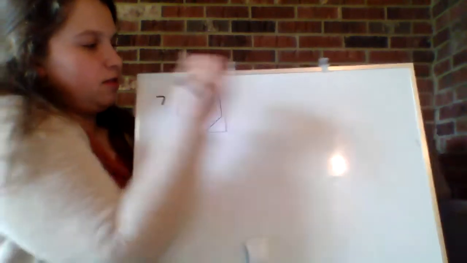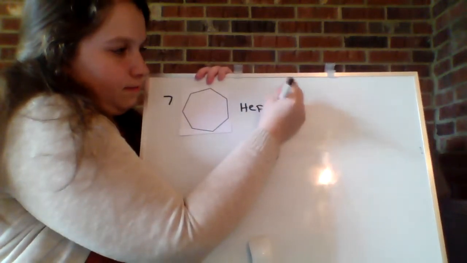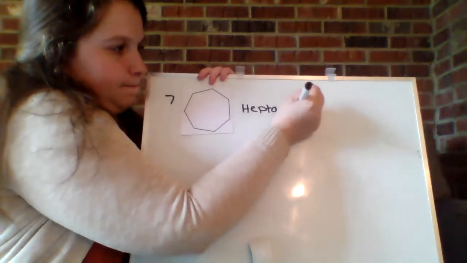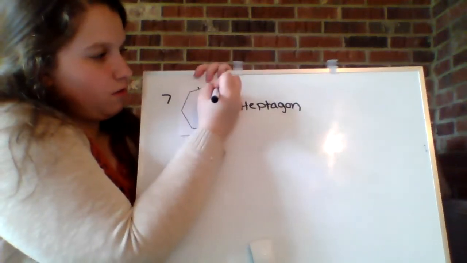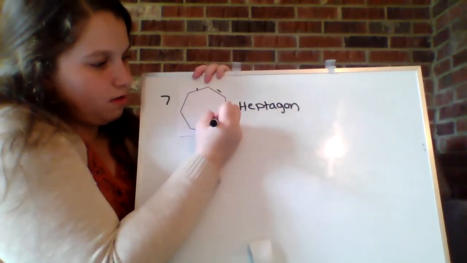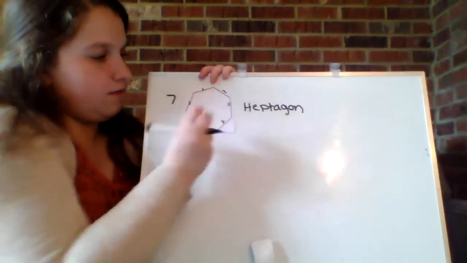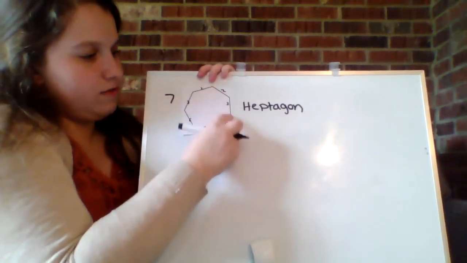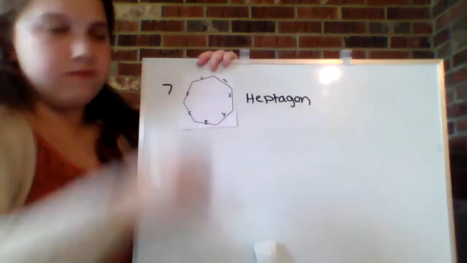So a seven-sided shape is a heptagon. And so you can see we have 1, 2, 3, 4, 5, 6, 7 sides. Each of these line segments is a side. We have 7 of them.